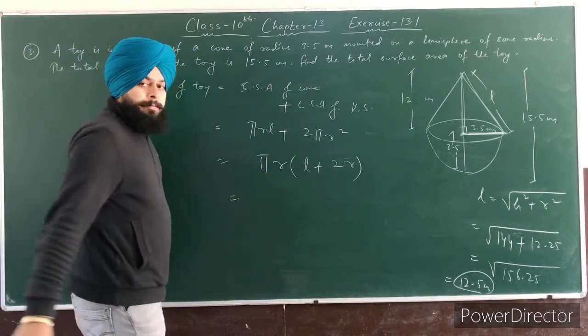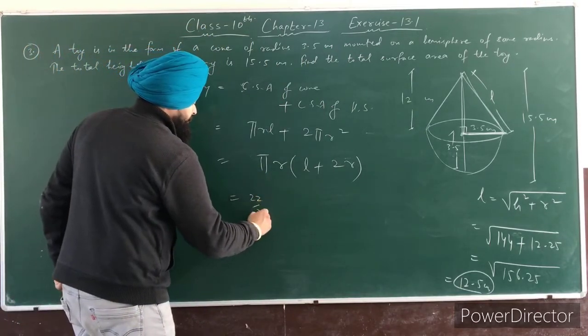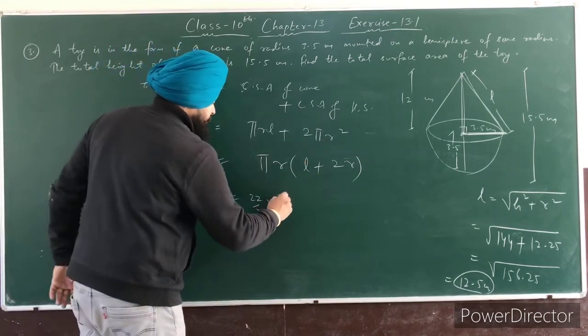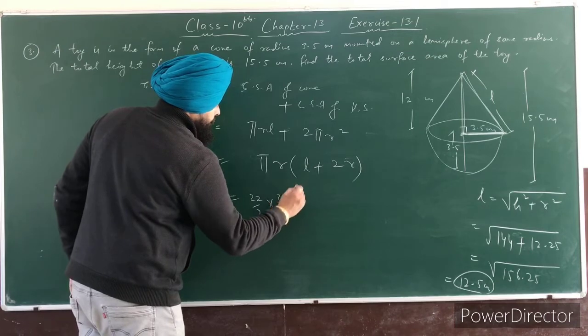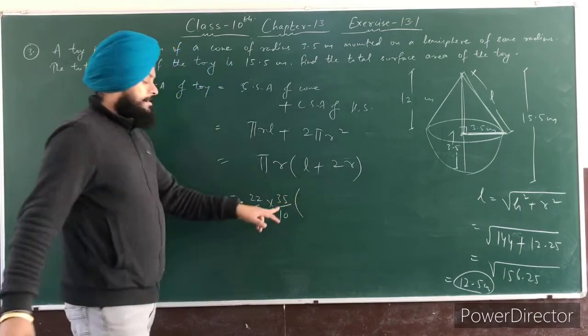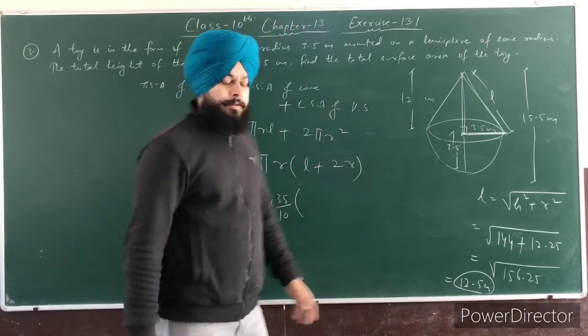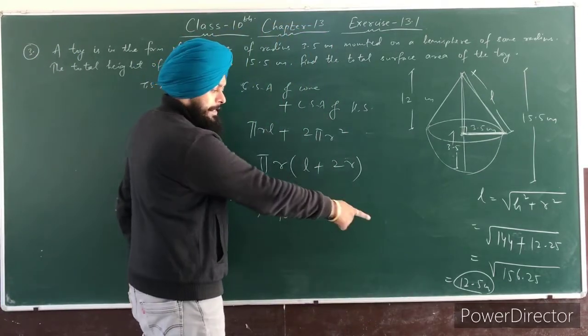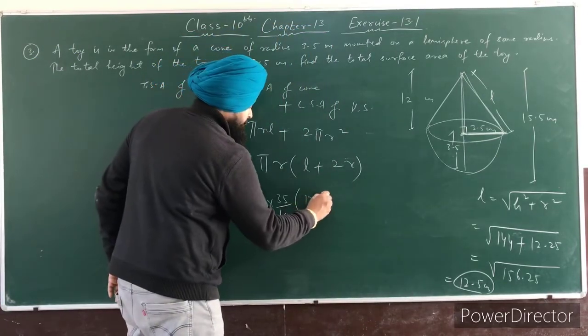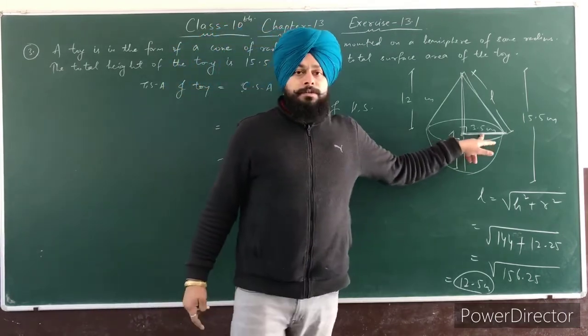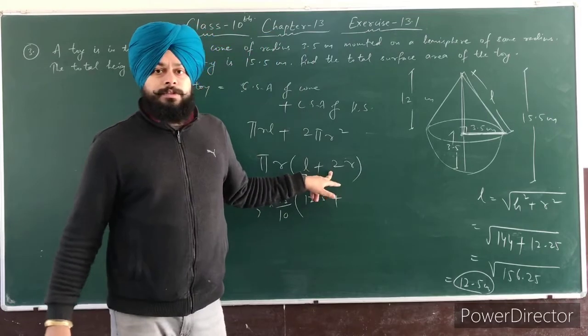Now what is pi? Pi is 22/7 into r. Radius 3.5, so you have to convert it into a fraction. You can write it as 35/10 because there is only one digit after the decimal point. Now this slant height 12.5 plus 2 into r. r is 3.5, so 3.5 into 2 is how much? 7.